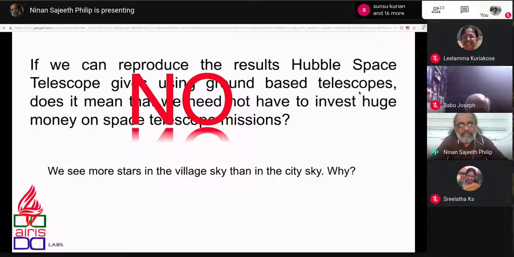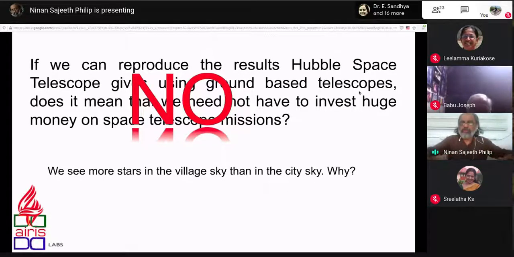If you go to a village and look at the sky at night, you find more stars than what you would see if you do the same from the town. Why is it so? Because in the town you have a lot of street lights which light the sky, and anything that is fainter than the sky you are not able to see. You have seen the Gaussian process.